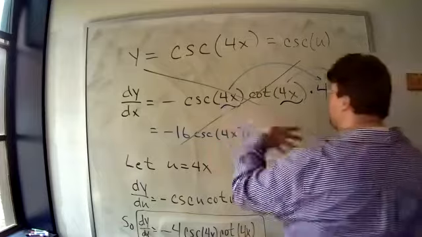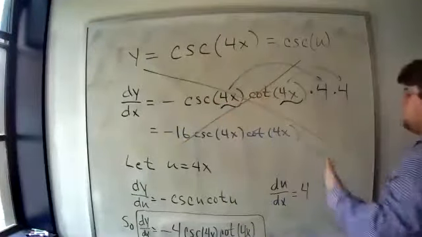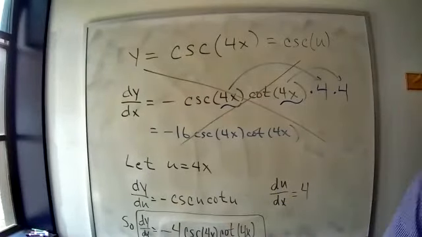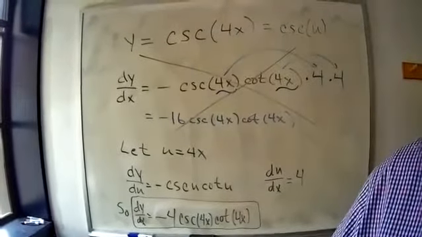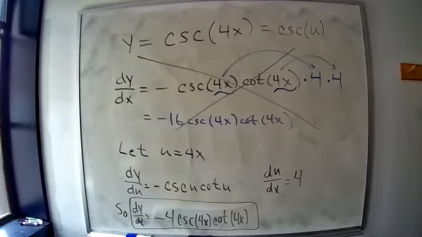Even though it looks like with multiplying by derivatives of the inside, two 4s could show up, notice in the details, only one 4 shows up. Any questions about this one? Camera's still not low enough to raise. So any questions about this one? So only one 4.